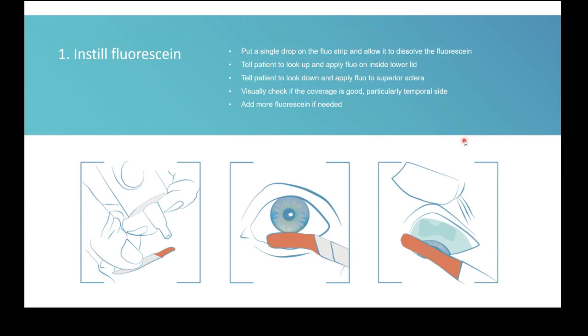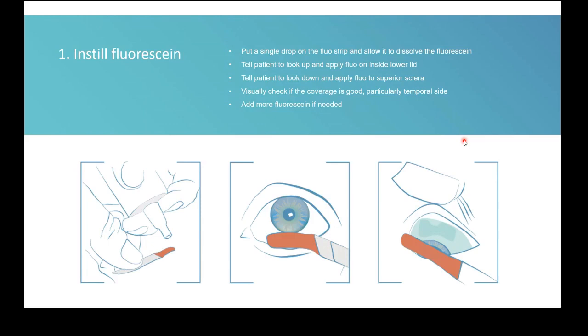Start inferior, keep it there for a moment so it has time to absorb all the fluorescein into the tear layer, and then ask the patient to look down, instill superior as well, and after that check the temporal side, because often the temporal side is the driest part of the eye. So double check always the temporal side to make sure that fluorescein is all over.